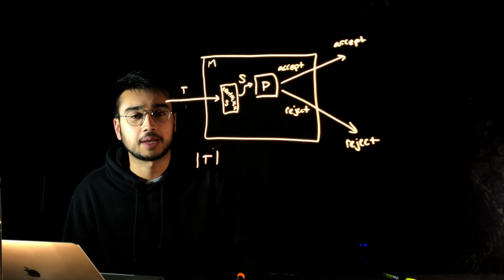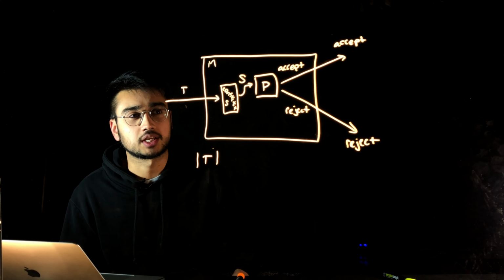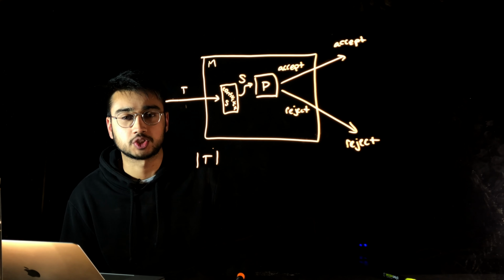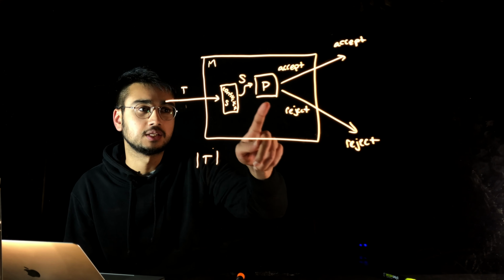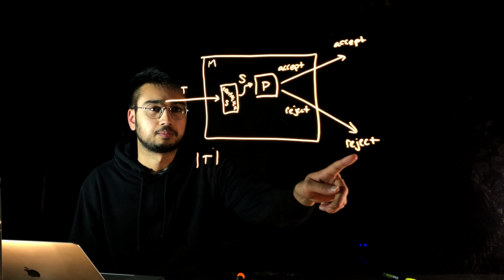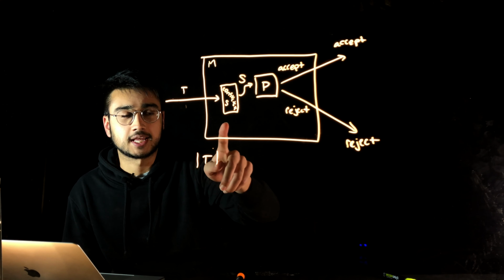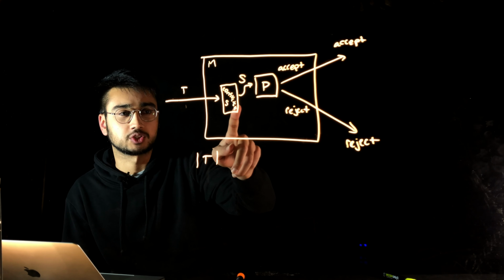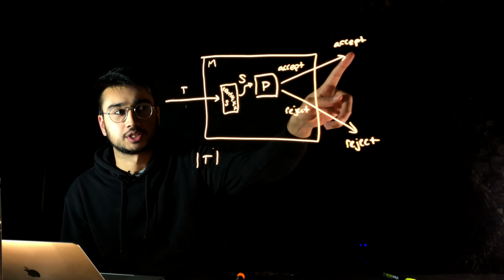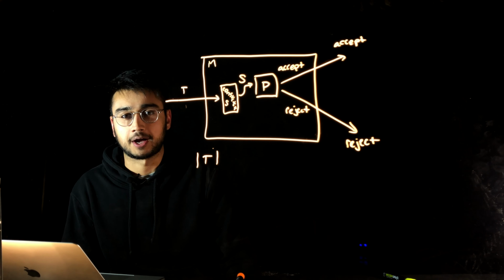If M accepts M, that means that S will end up in a fail state, and that means P will reject it. But that means that M would reject M. But if M rejected M, S won't end up in a fail state, and P would have to accept it. So this clearly isn't possible.